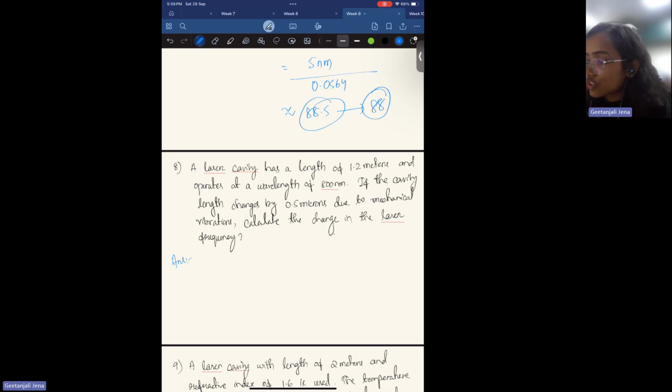So if you recall, as you change the refractive index or laser cavity dimension, then the frequency gets changed. So if you recall, delta nu by nu is delta n by n plus delta L by L. And delta n by n, we are ignoring this part. So that means delta nu by nu is delta L by L.